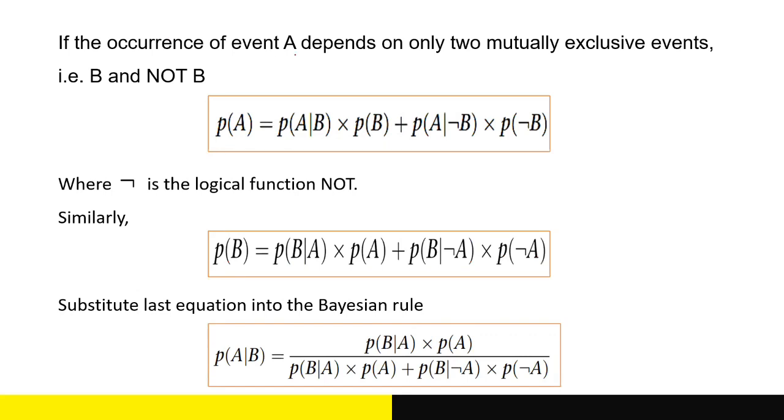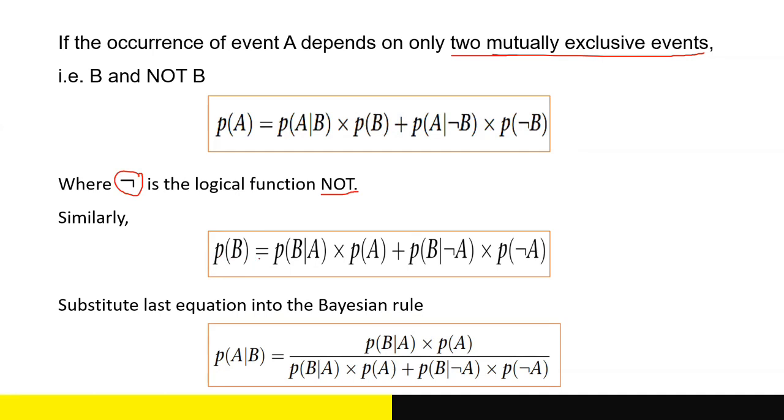So if the occurrence of event A depends on only two mutually exclusive events, so earlier it was not mutually exclusive, now it is two mutually exclusive events, which means that if one event happens, then the other event cannot happen at the same time. So for this one it is B and not B. So we have the probability of A is equal to the probability of A given B multiplied by the probability of B, plus the probability of A given not B multiplied by the probability of not B, where this symbol is the logical function read as not.